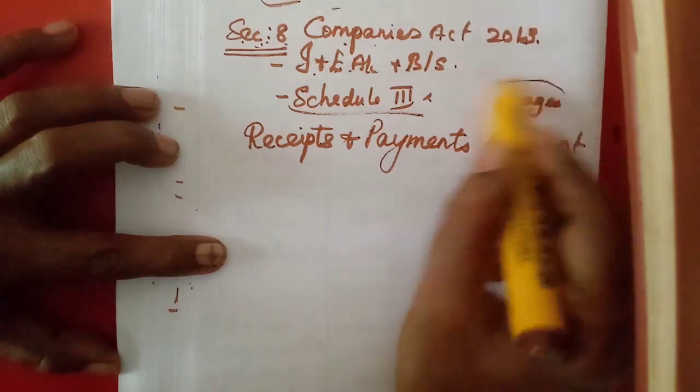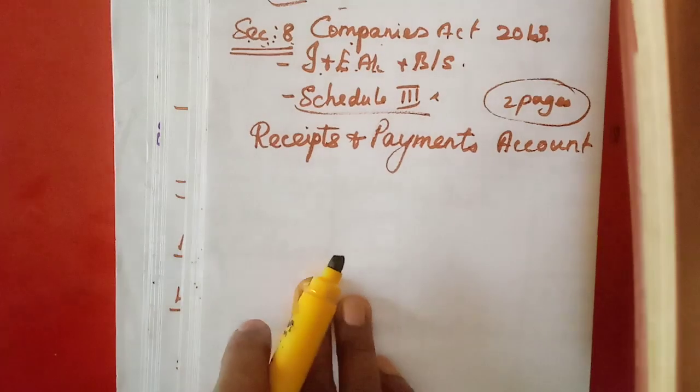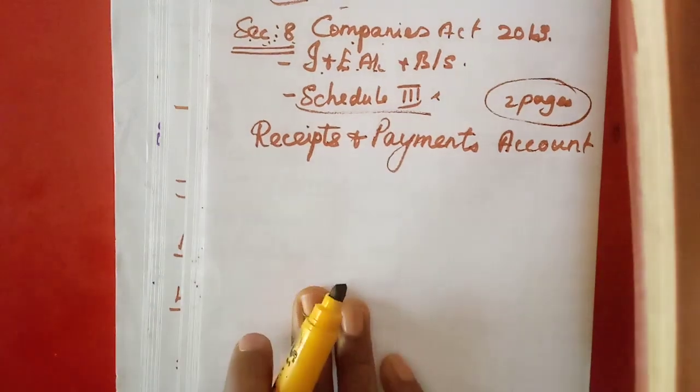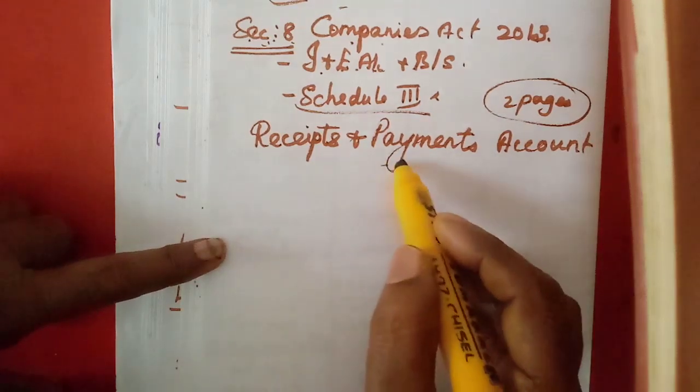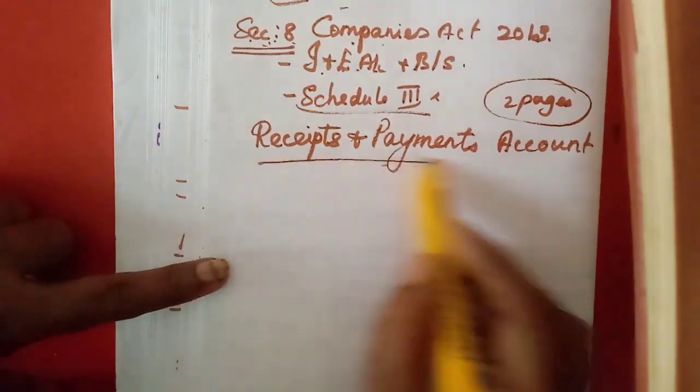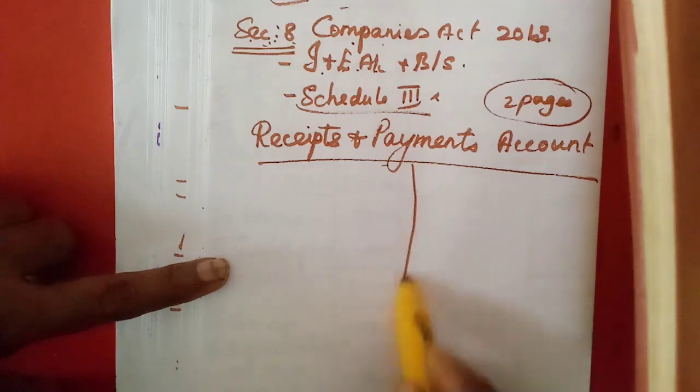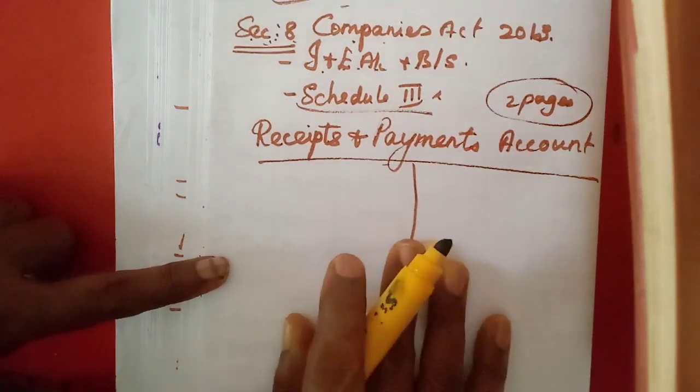You may not forget this one. For any account we have to use 2 pages, both the pages, left side, right side. But here, just to show in the video, I am using only 1 page.